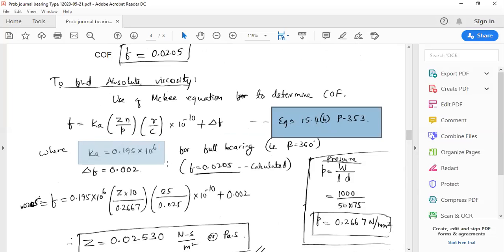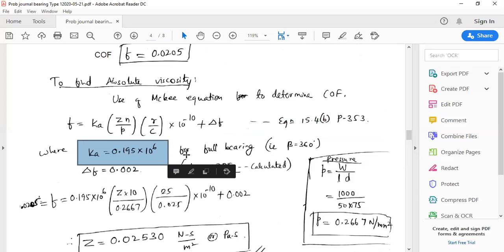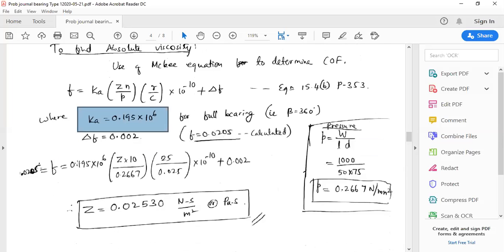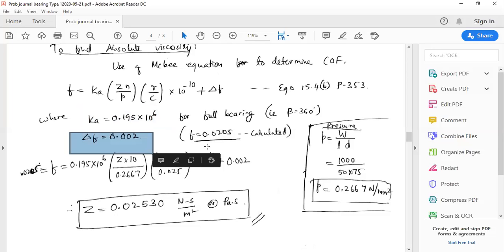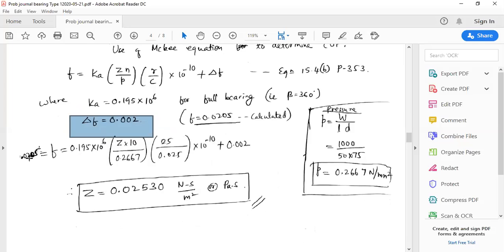The value of Ka is 0.195 into 10 raised to 6. This is for full bearing. Otherwise, we have to multiply by beta, given in another equation in the data handbook. Delta F is equal to 0.02002.